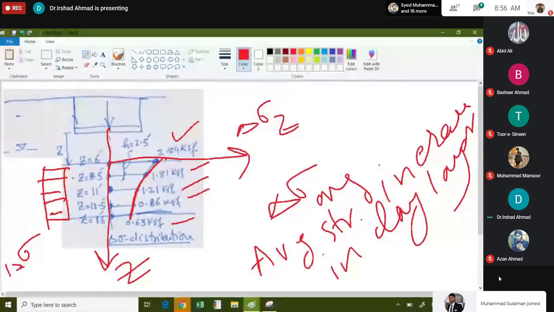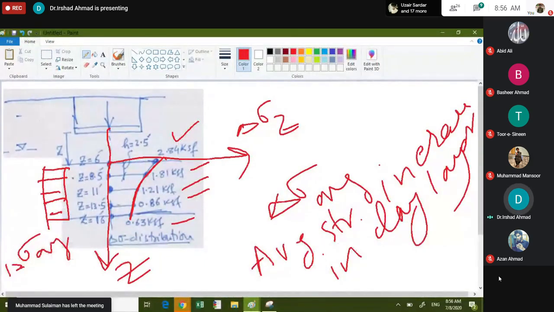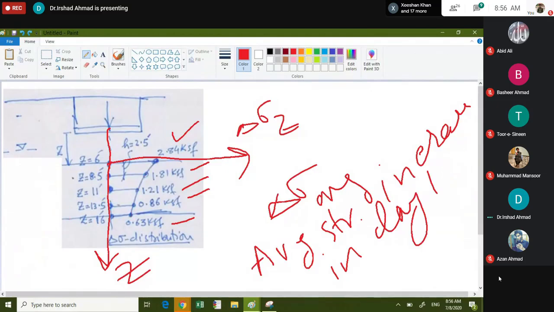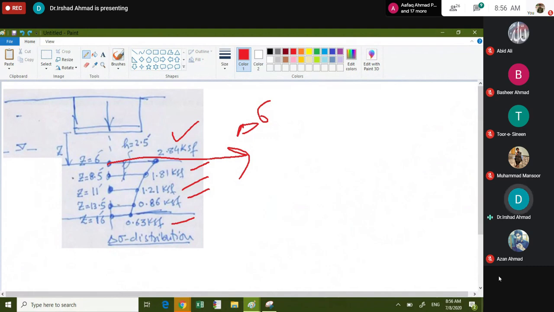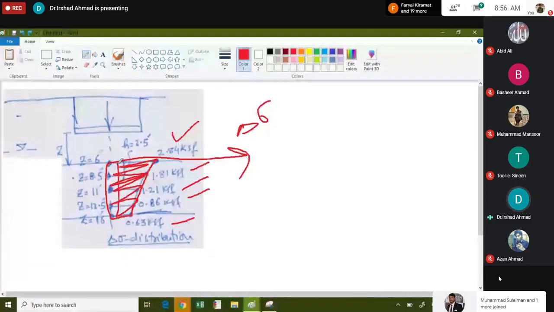Average. What is the average stress increase? So to find average stress increase, you need to find first this area under the curve, the shaded area. Right? Make it shaded.